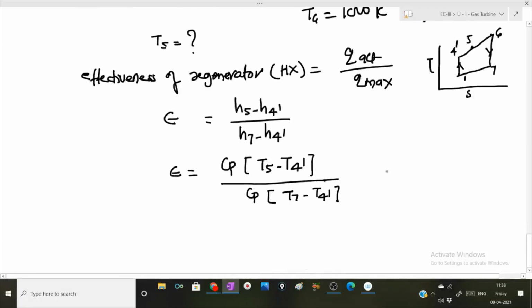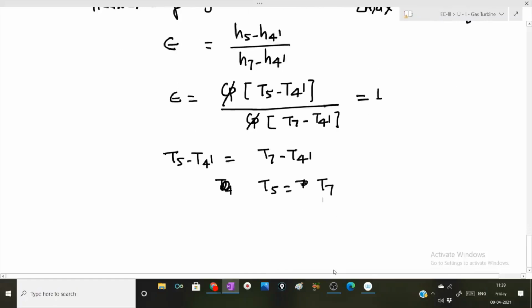Here effectiveness is 1 because it is a perfect regeneration. So from here Cp will get cancelled. T5 minus T4 dash is equal to T7 minus T4 dash, or T5 will be equal to T7, and we have the value of T7, just now calculated: 673 Kelvin.